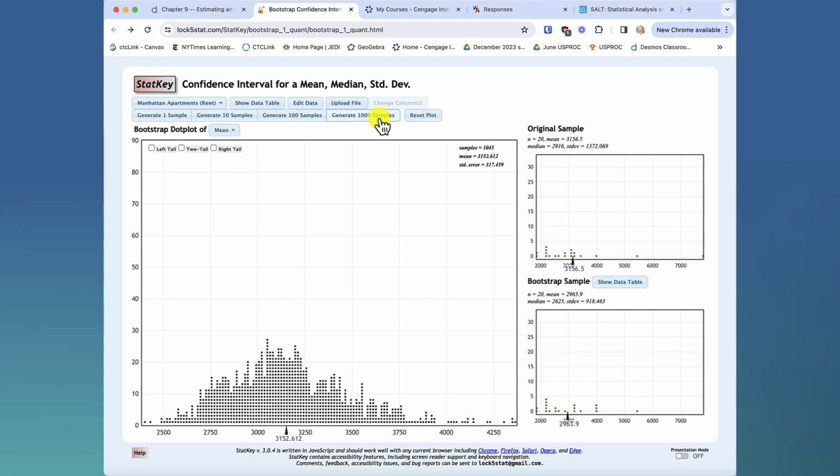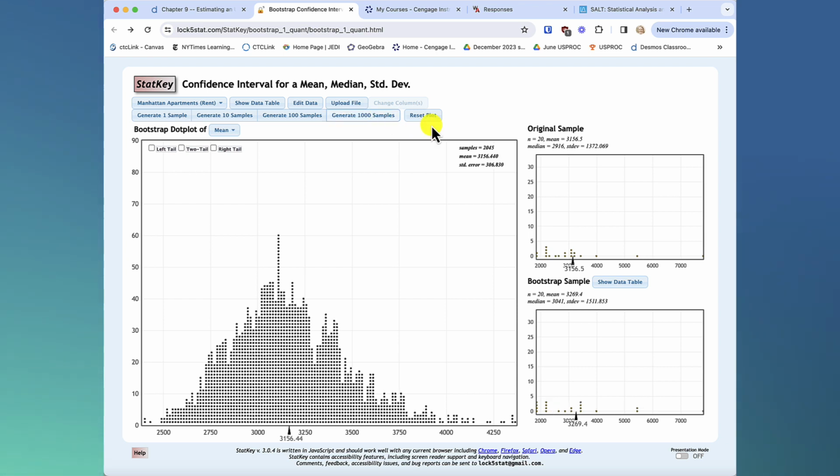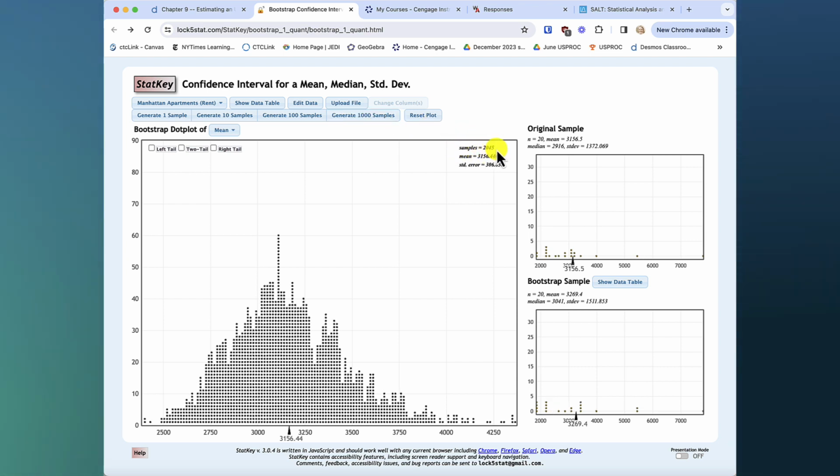And I'm going to do this one more time. So the samples up here show that I have, including myself, 2,045 people that are taking a sample of size 20 from wherever it is, Craigslist, whatever resource they have over in Manhattan to come up with apartment rents.